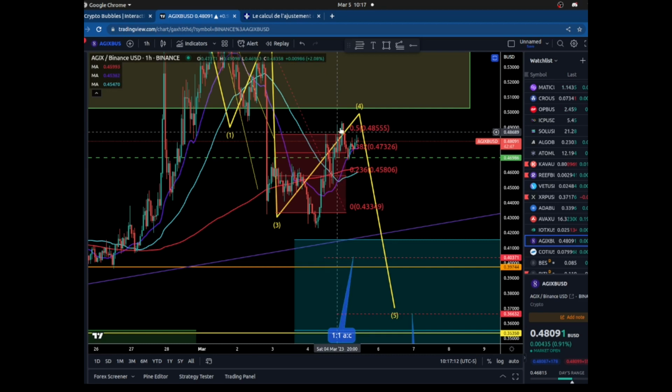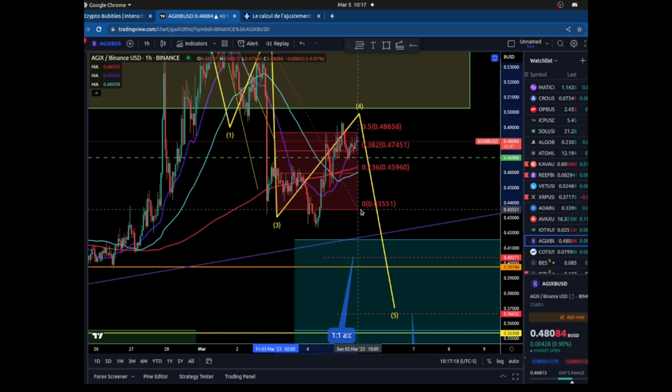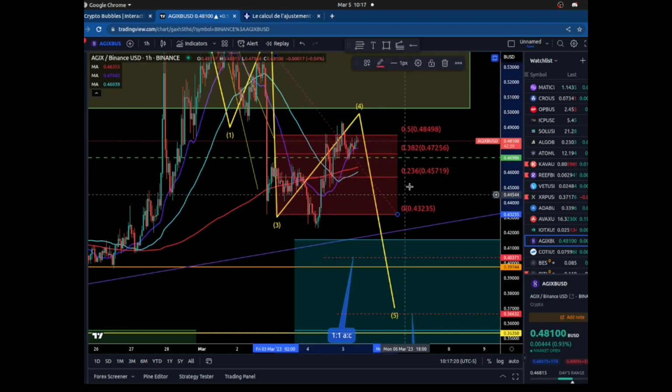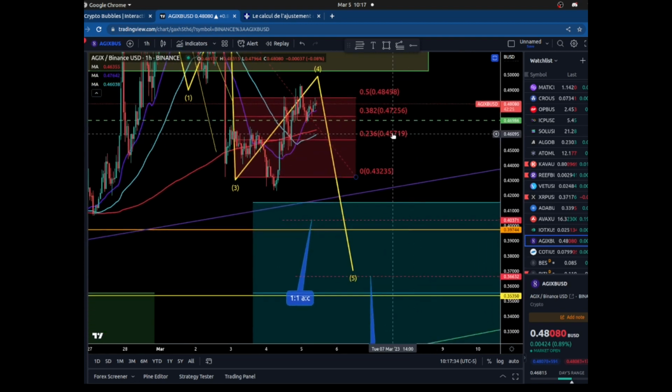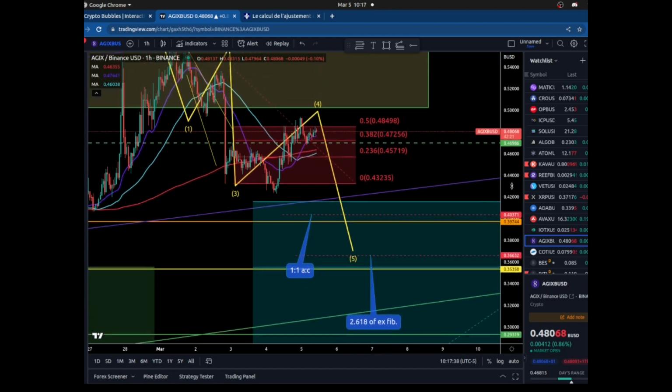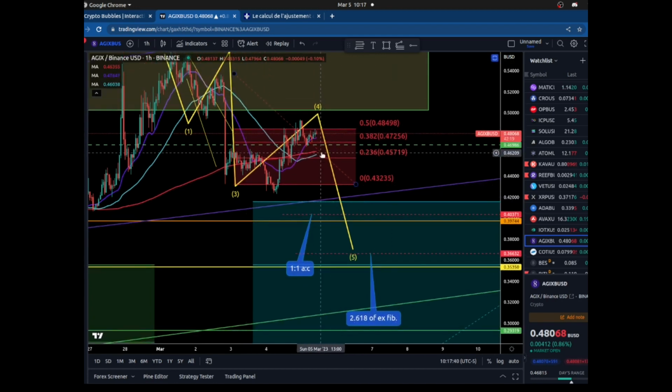We passed it for 2 candles, and now we are back on this level of the 0.5, which is reacting as a resistance. So now ideally what we want to see is a reversal in price and to reach lower prices. So I'm going to keep this wave for ideal retracement in place.